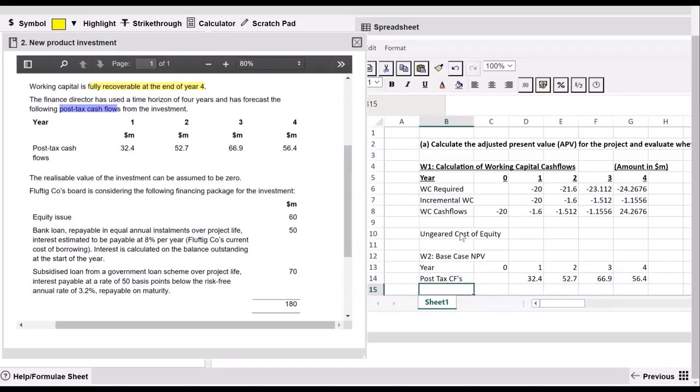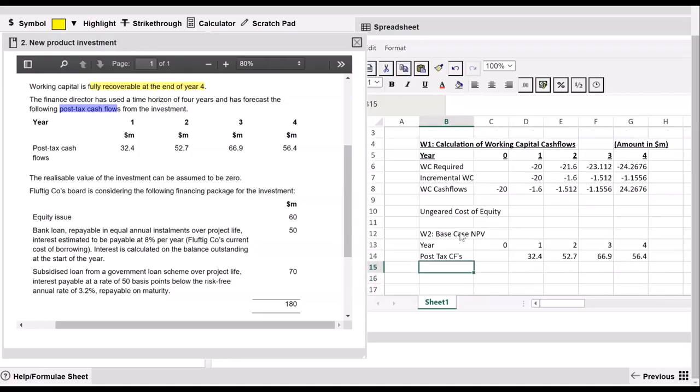We have picked the post-tax cash flows. And what more are we incorporating here? Yes, we need to incorporate the working capital cash flows, which could be picked up from the above working note.